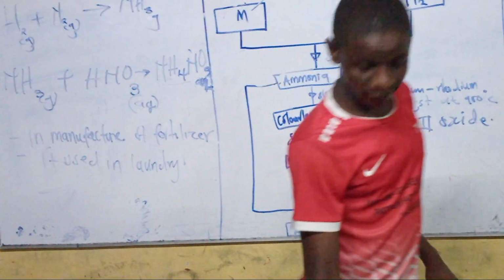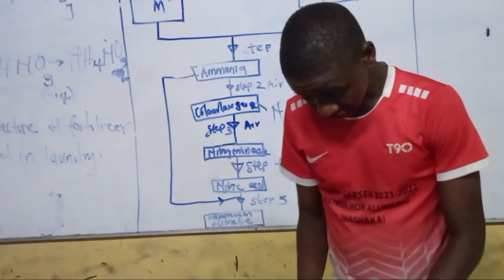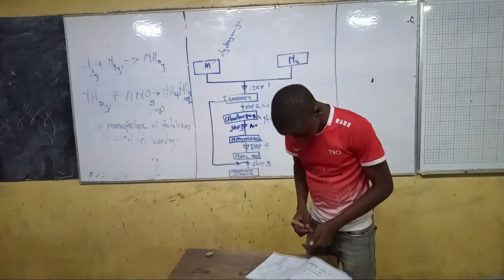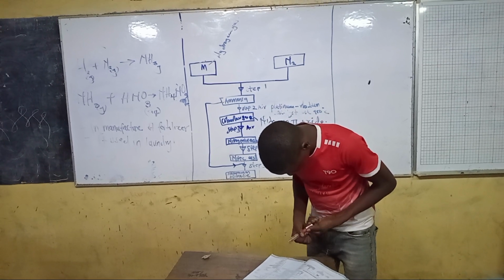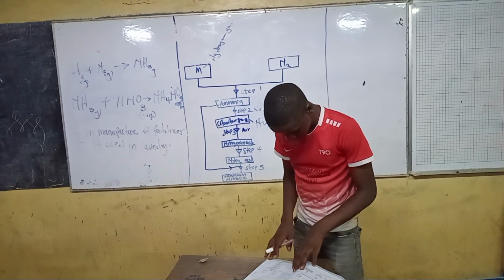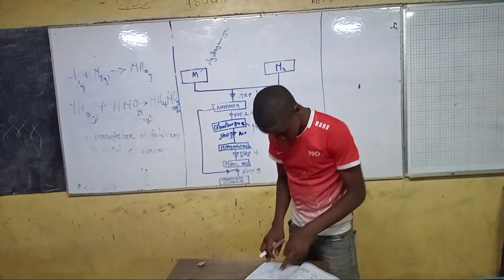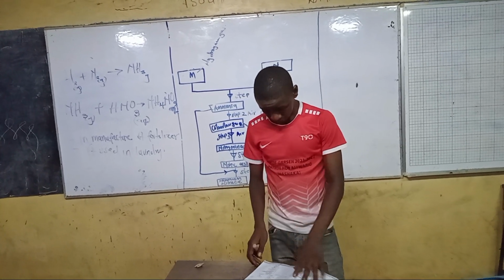We are going to answer the last question. They are asking, state and explain the observation that would be made if a sample of sulfur is heated with concentrated nitric acid.